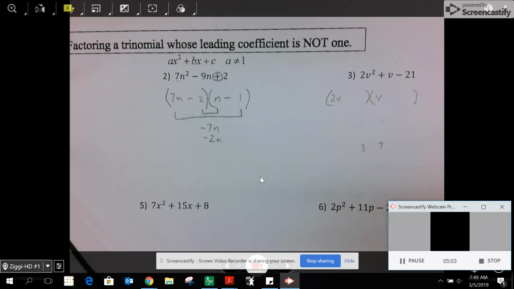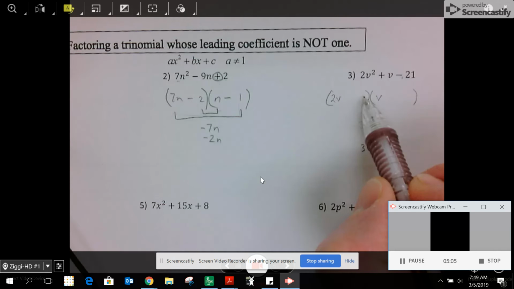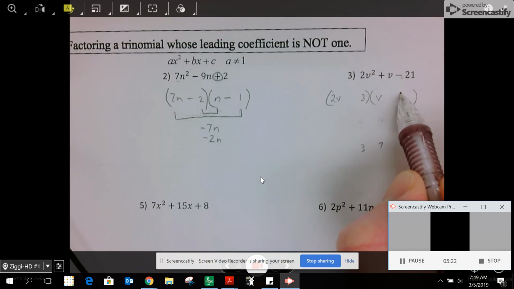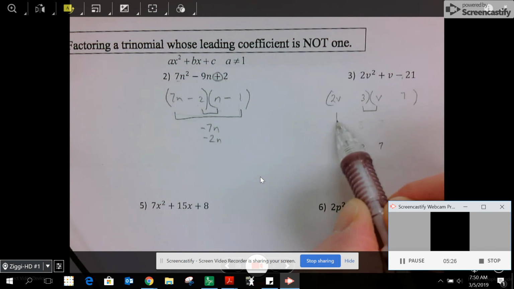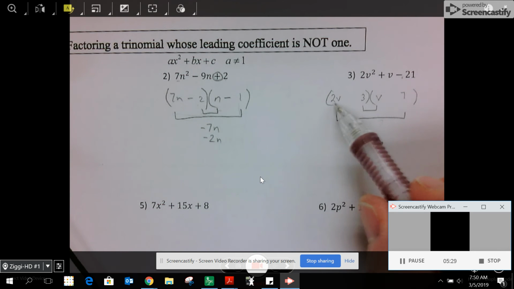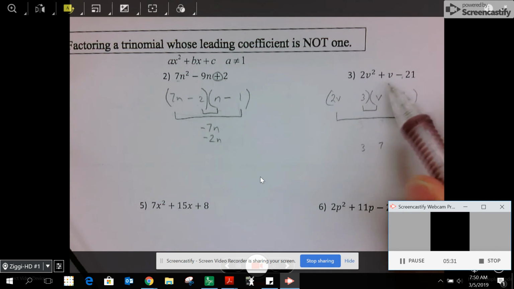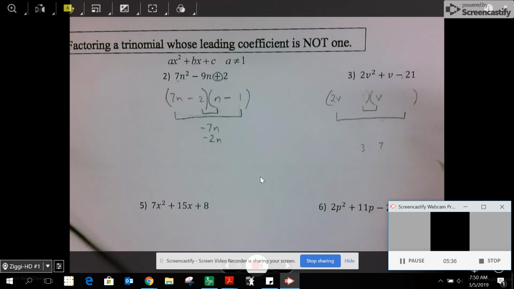And I'm looking, if I take these two numbers, 14v and 3v, can I get, subtracting, can I get 1 by using 14, 3? Well, no, it's not possible. I get 11. So I switch them, 7 and 3. So 7v minus 6v definitely gives me 1. So I want it to be a positive 1. So I make this be the positive. This is the negative. So I have 7v and negative 6v.